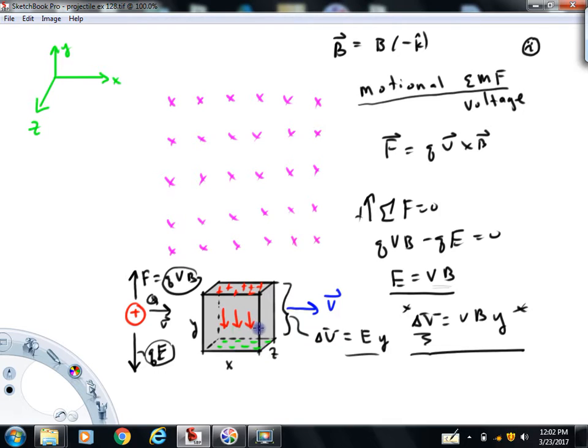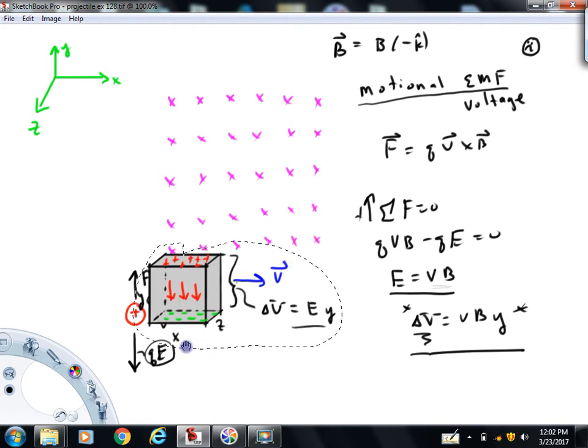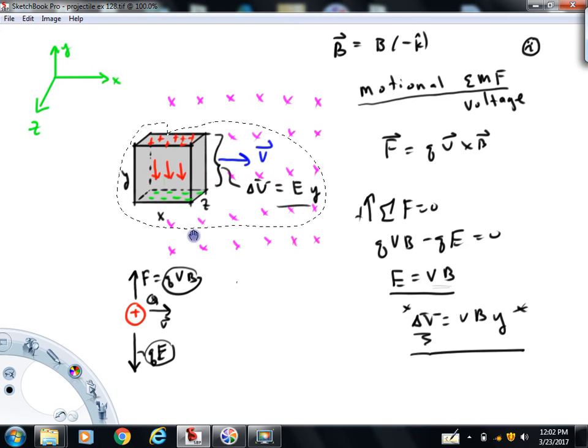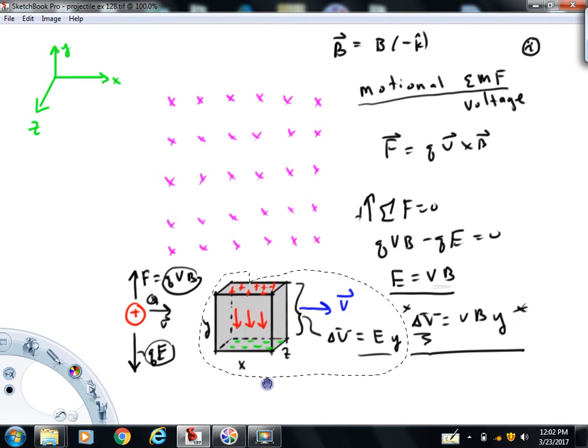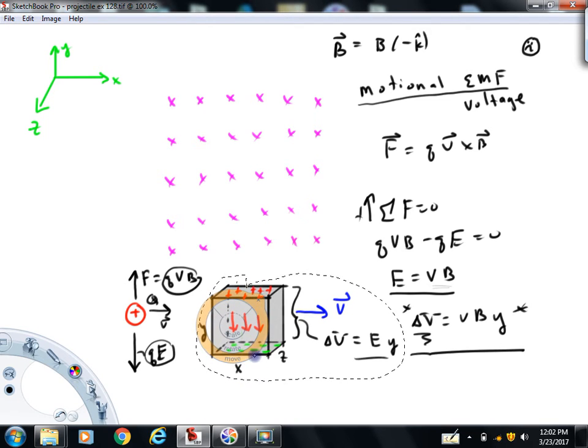Now, remember, in the original example I was talking about this block moving to the right through this field from left to right. So in that example, the top ends up positively charged, the bottom ends up negatively charged, and the top of this block is at the highest potential.